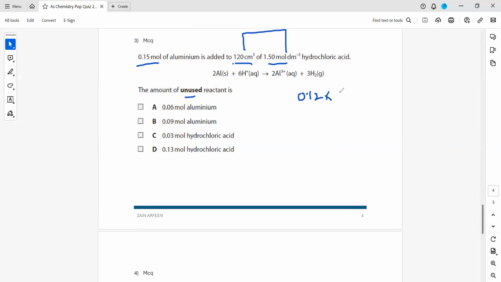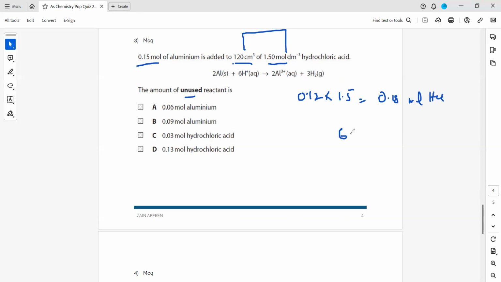So 0.12 multiplied by 1.5, that is 0.18. So 0.18 moles of HCl.